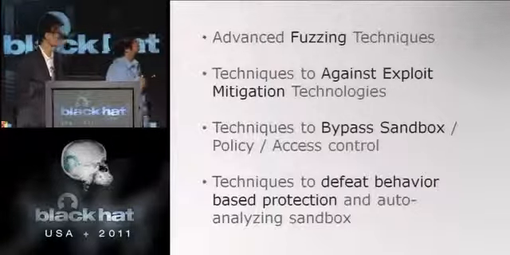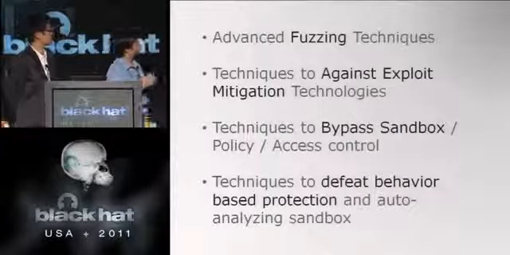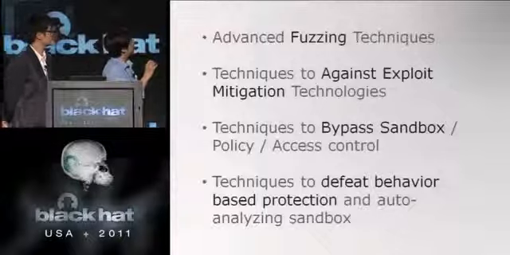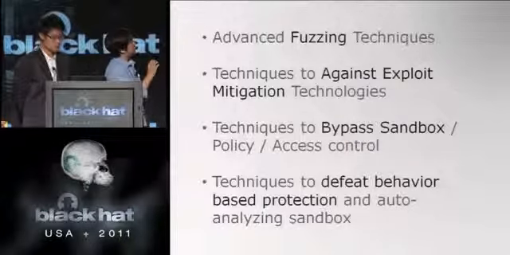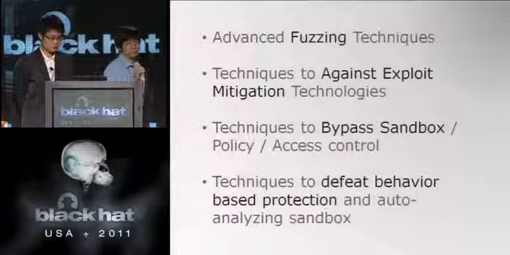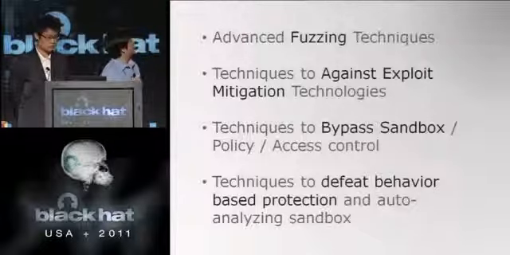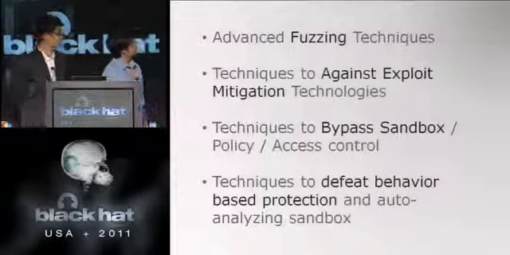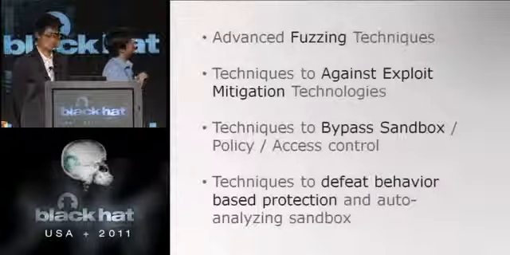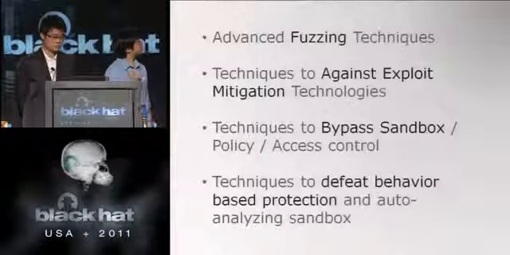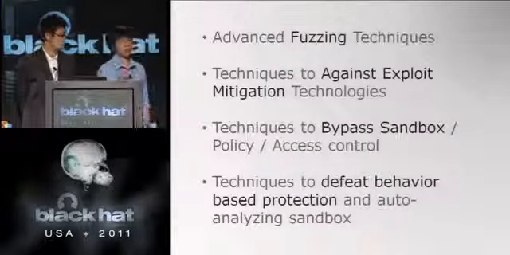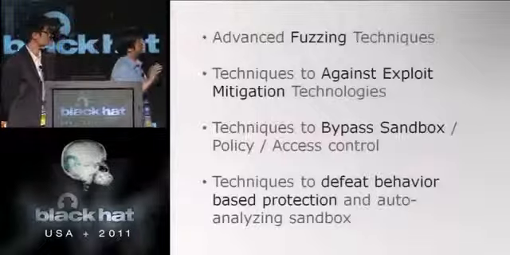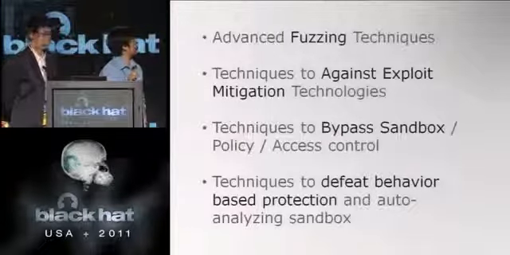The first, hackers will keep improving their fuzzing techniques. They will try to find more vulnerabilities. The second, techniques against exploit mitigation technology. For example, hackers will find new ways to defeat DEP and ASLR.